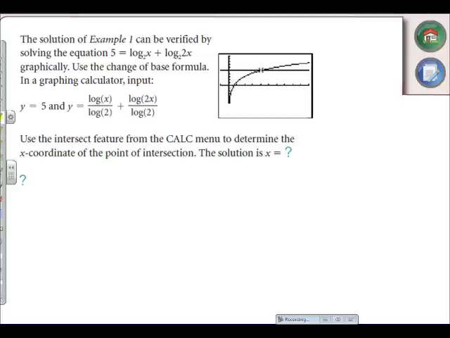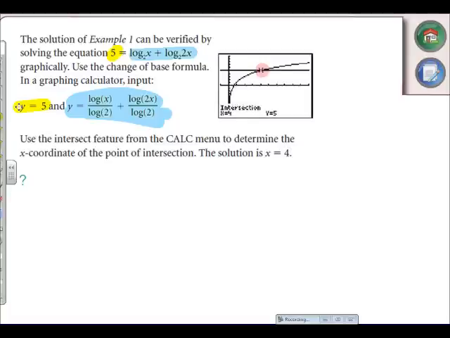So when we look at this one, when we graph y equals 5, and the other side, we can now find our intersection points. So we've got our intersection right there, which is 4 and 5.